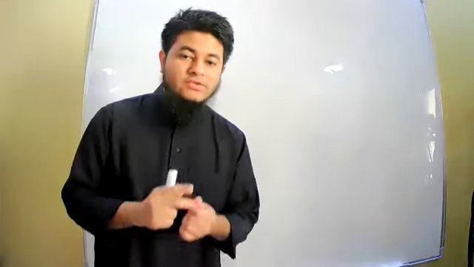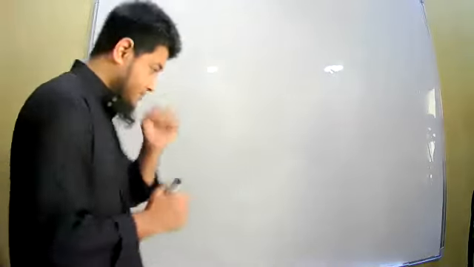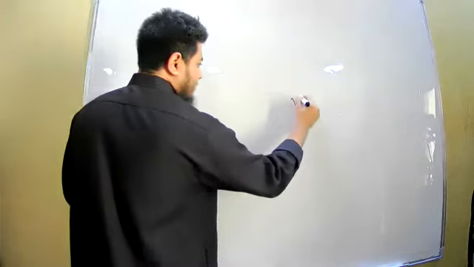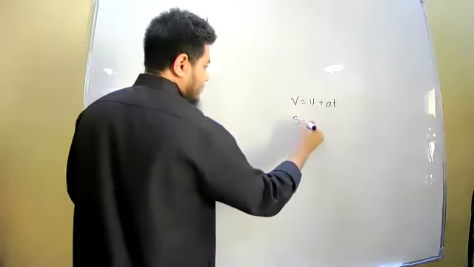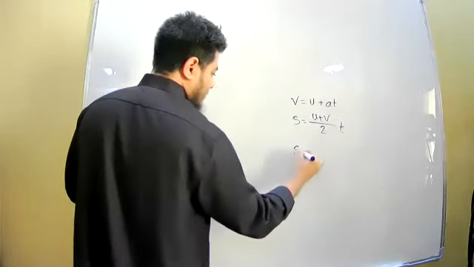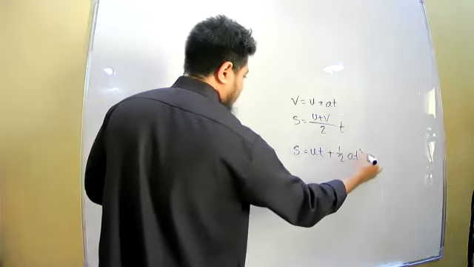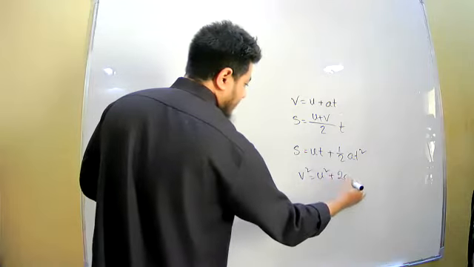Okay, so as you remember, we already went through the equations of motion. 4 equations of motion we studied, right? That is v equal to u plus at, s equal to u plus v divided by 2 into t, that's equal to ut plus half at square, and v square is equal to u square plus 2as.